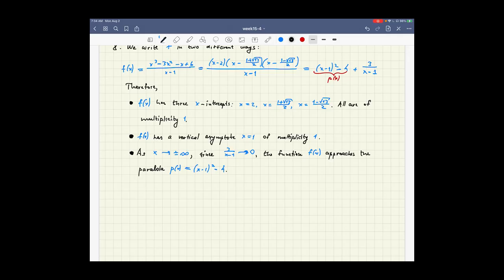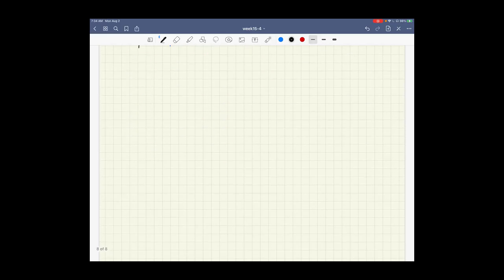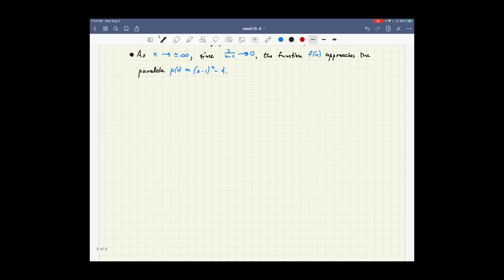And so when we do our sketching, it makes sense to first draw that parabola. So where is that parabola? X minus 1 squared minus 4. All right. Let's start sketching.